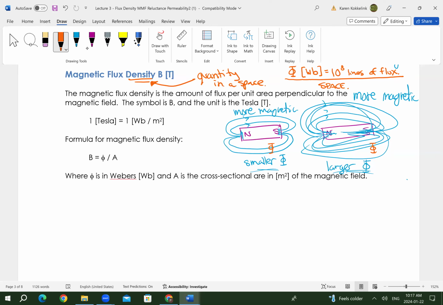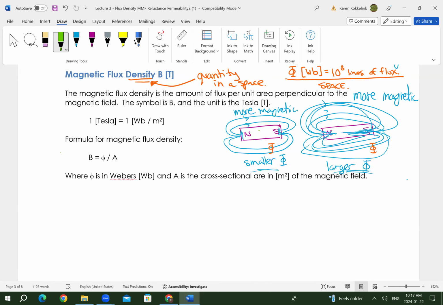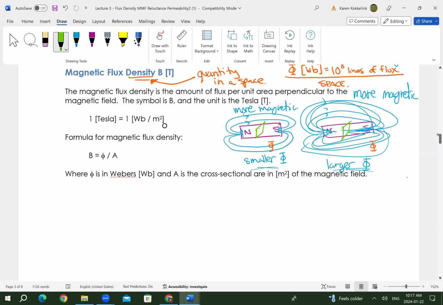Normalizing means to divide by something so that we're all looking at the same thing. What I'm going to do is take a little plane of this material, and a little plane of this material, and I'm going to use the same size plane.